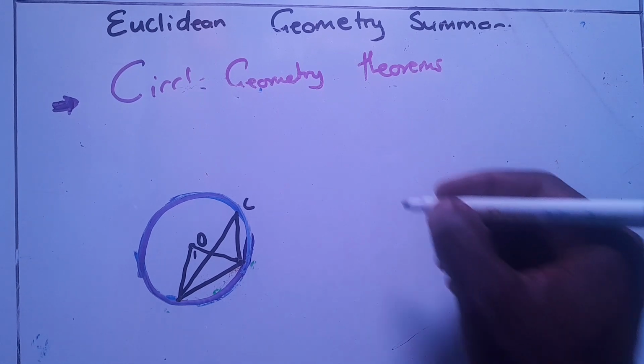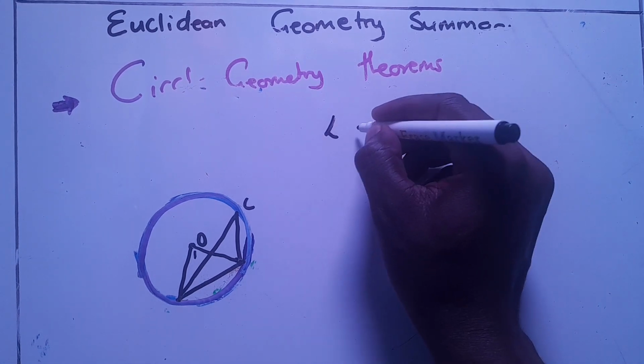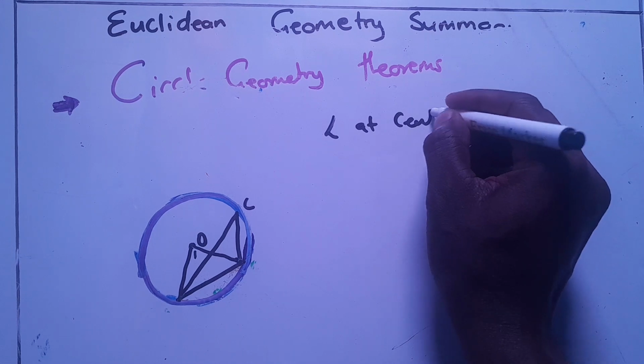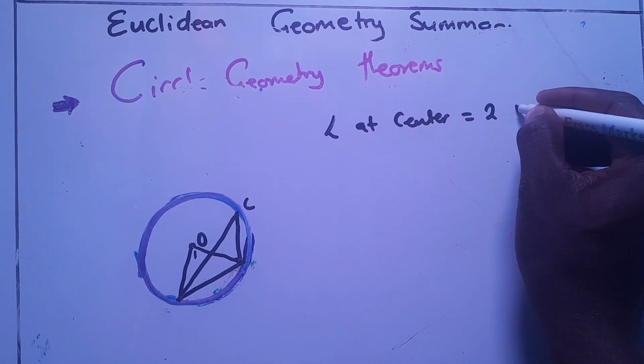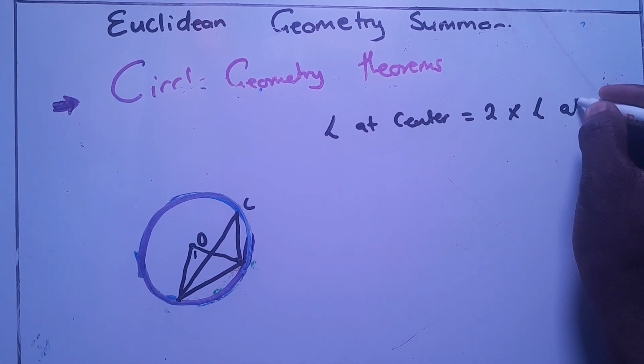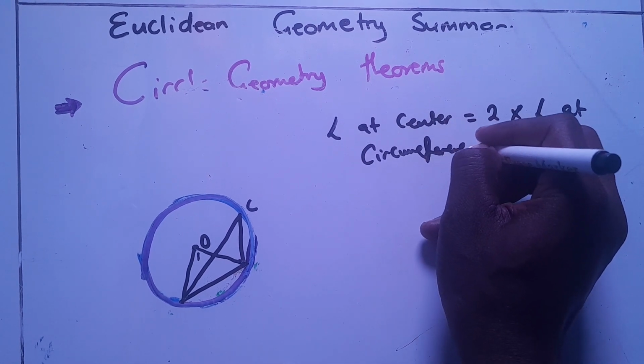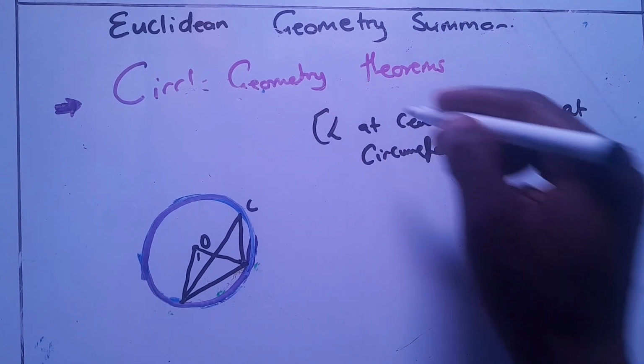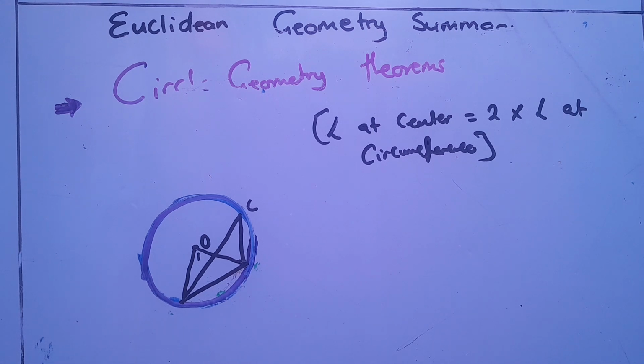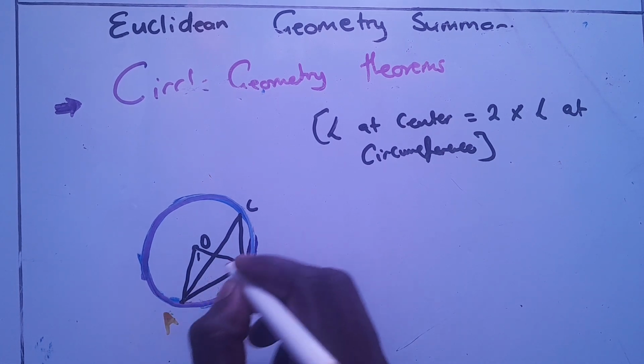So now, angle at center is equal to 2 times angle at circumference. Whenever you are given that there's an angle at the center and an angle at the circumference, always check one thing.